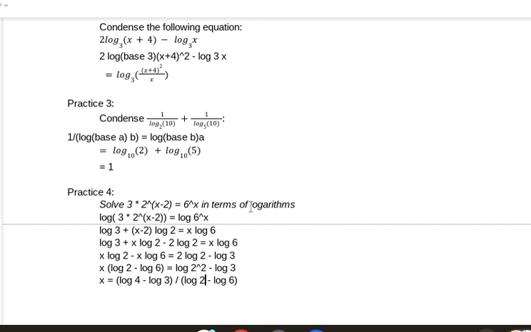Considering this, the first thing you need to do is add the logarithm to both sides, which is very important, because you add log on both sides.